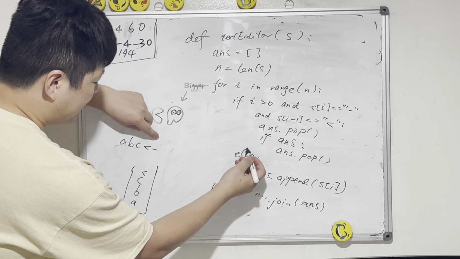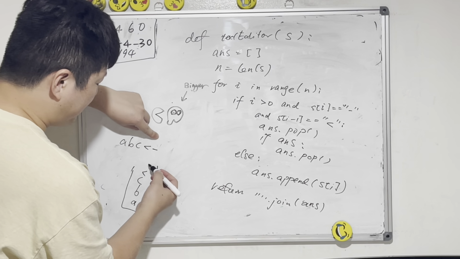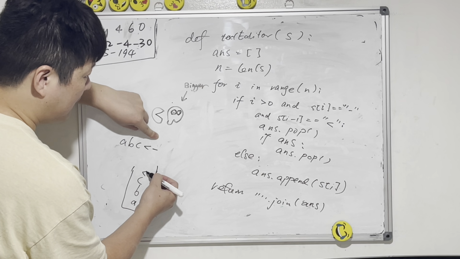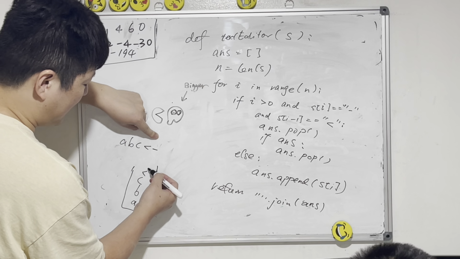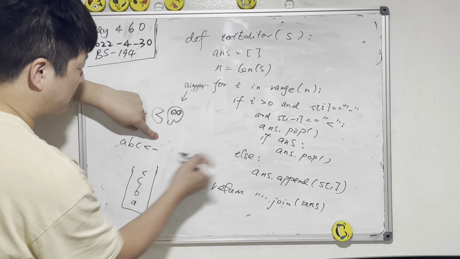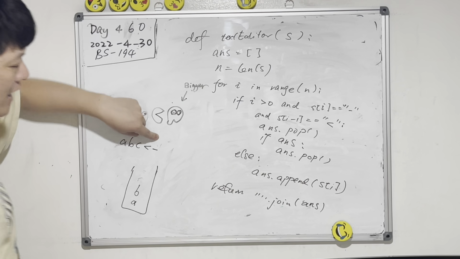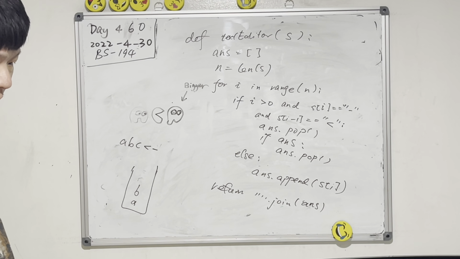Now, when we get to this point, the current character is minus and its previous one is the less-than sign. So we just take it out, and also take one character out.